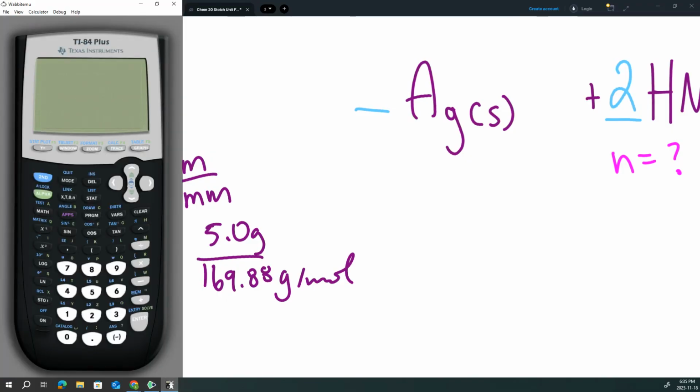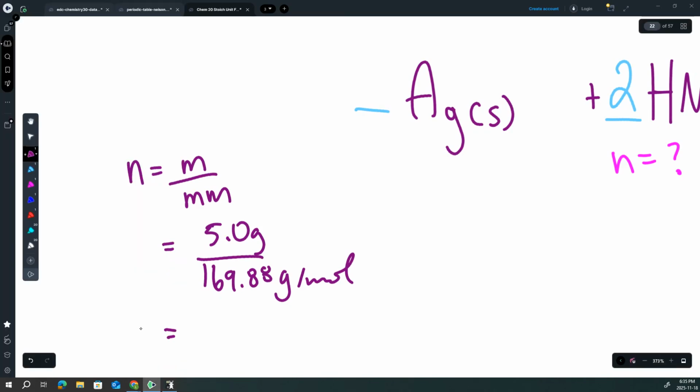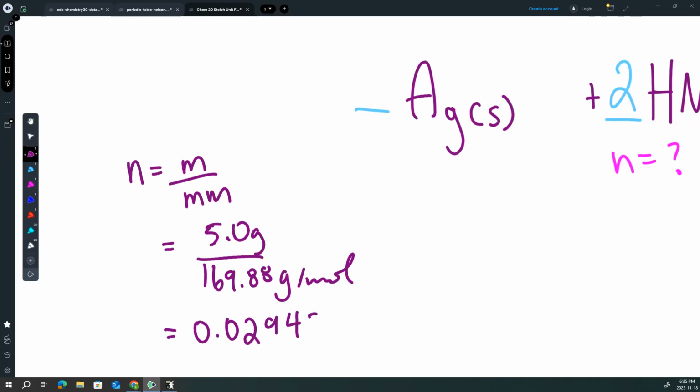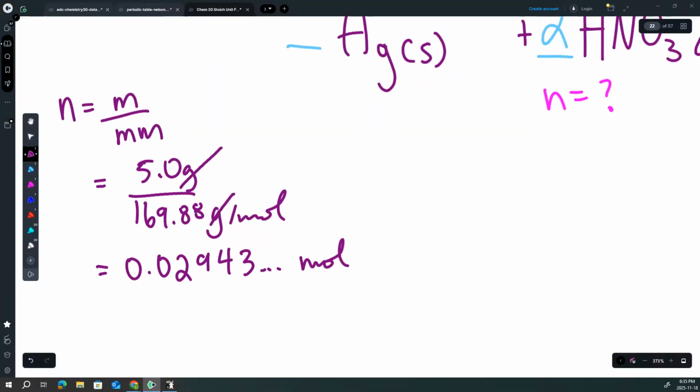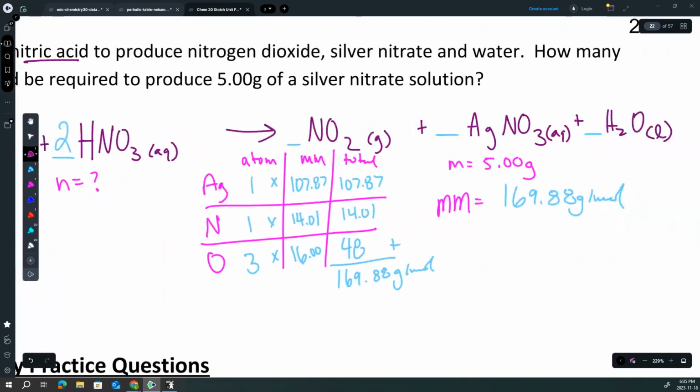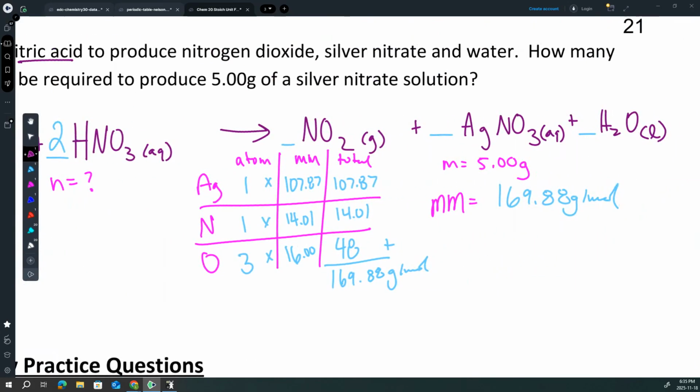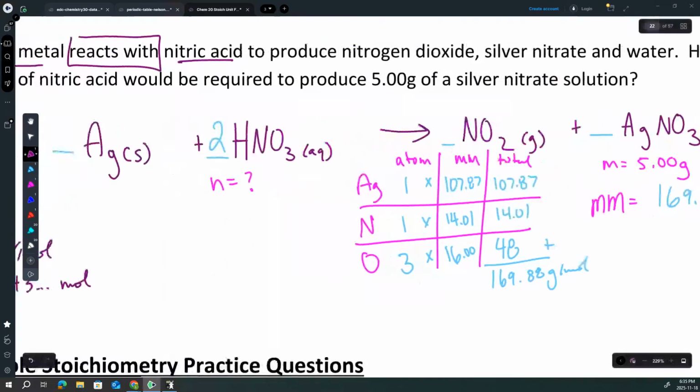So if I do that on my calculator, 5 divided by 169.88, we get 0.0294, keeps on going forever. And that would be for moles, because grams are going to cancel out. Okay, so that's moles of silver nitrate, because all of the numbers we started with belong to silver nitrate.